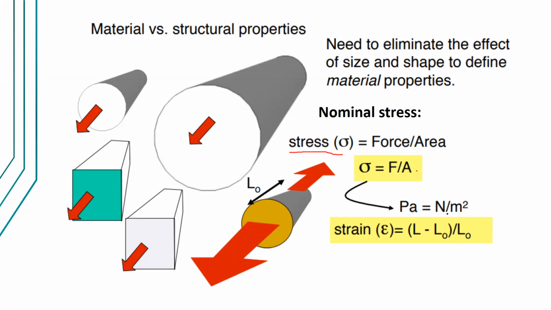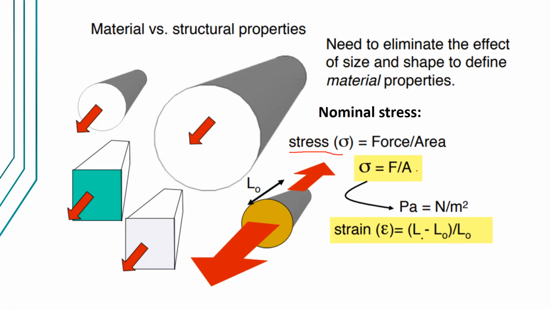Now, aside from stress, we can also calculate the amount of elongation of a certain material relative to the original length of that material. So L here is the final length of the material. For example, if you apply a certain load, it will elongate or contract up to a certain length.